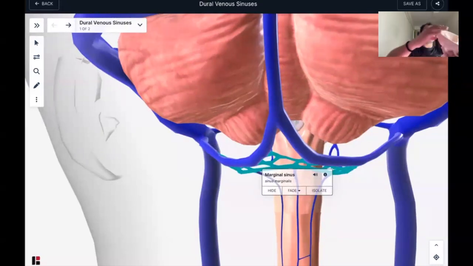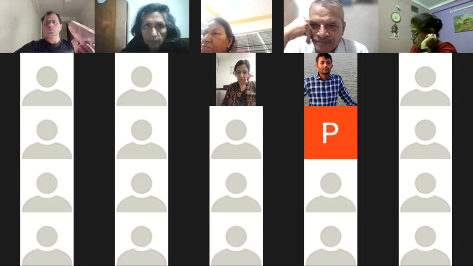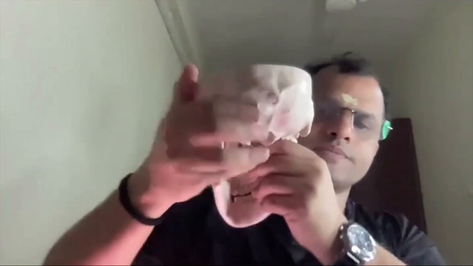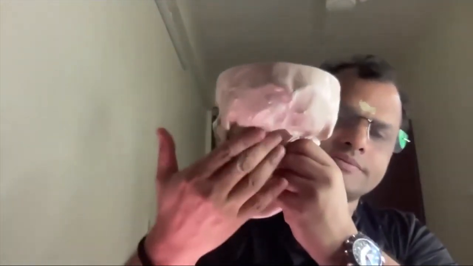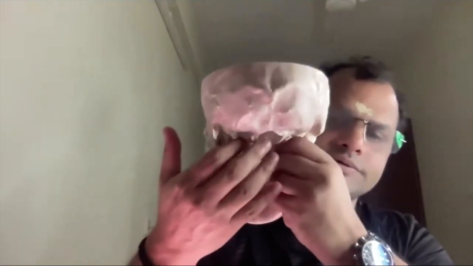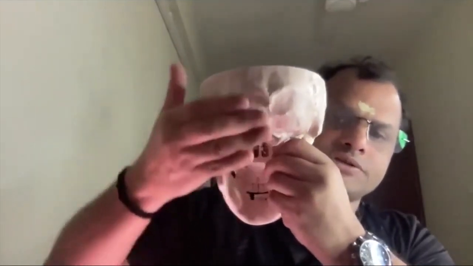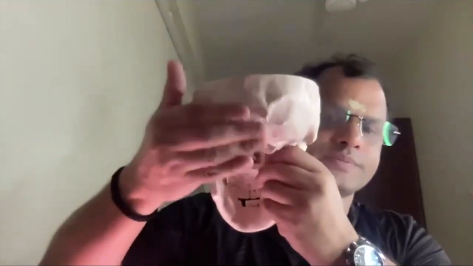If we look at this image, we are going to the back side. Exactly where the skull is ending, there is a marginal sinus. And this occiput part is supplied by the occipital sinus.